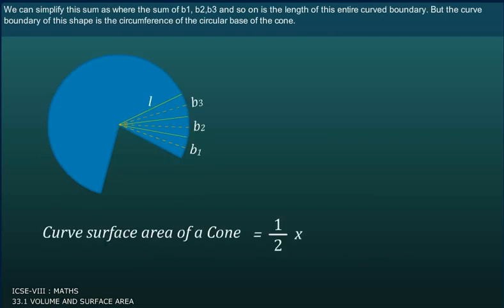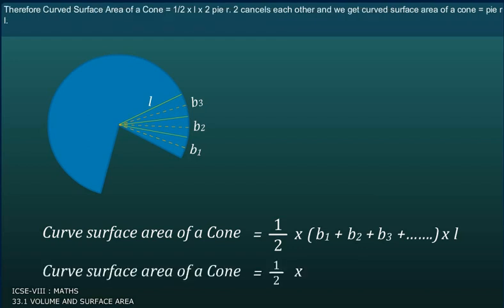We can simplify this sum, where the sum of B1, B2, B3 and so on is the length of this entire curved boundary. But the curved boundary of this shape is the circumference of the circular base of the cone. Therefore, curved surface area of a cone is equal to 1 by 2 multiplied by L multiplied by 2 pi r. The 2s cancel each other and we get the curved surface area of the cone is equal to pi r L.